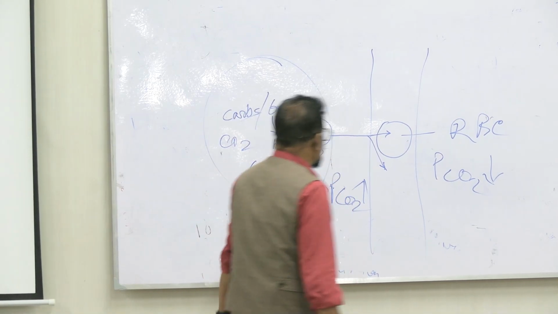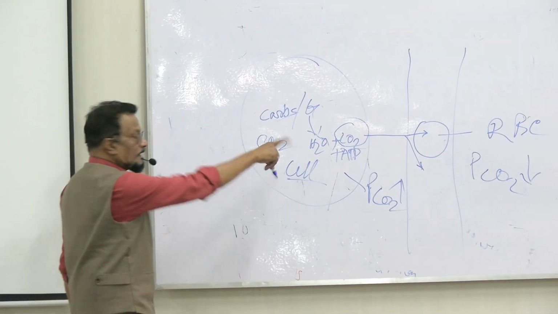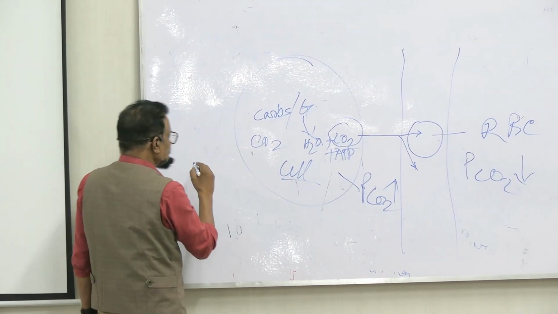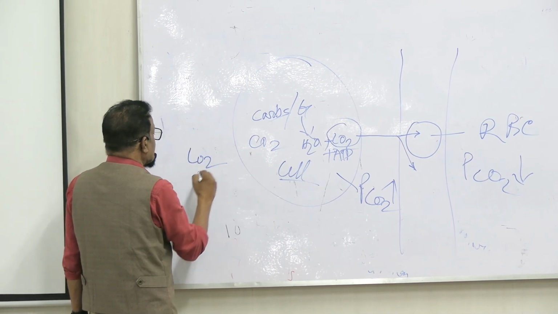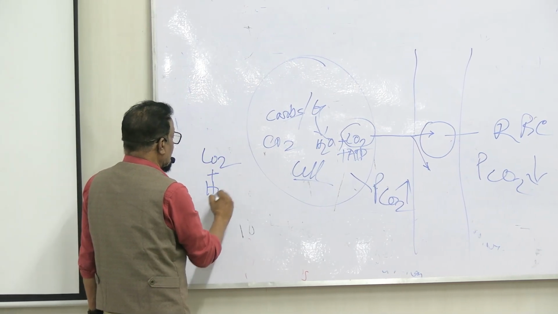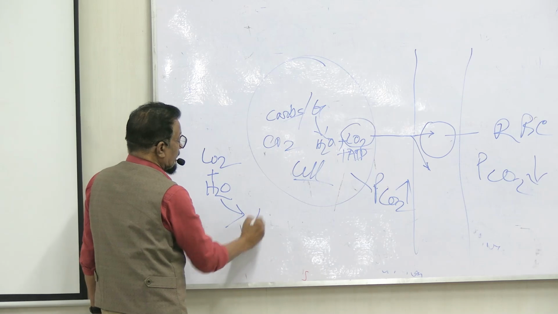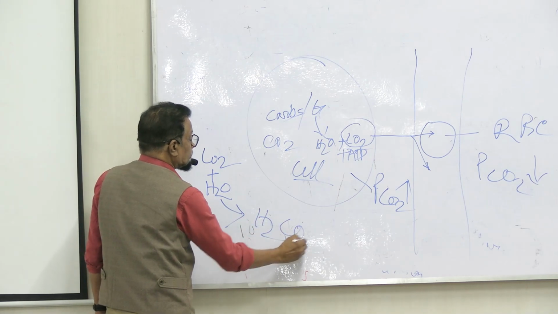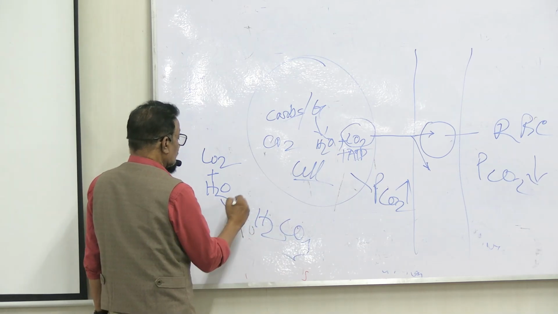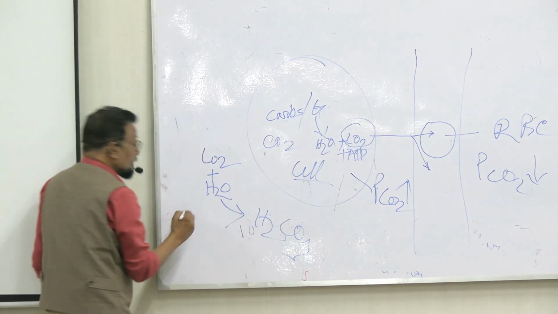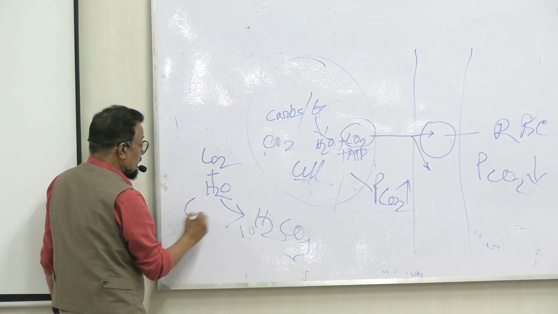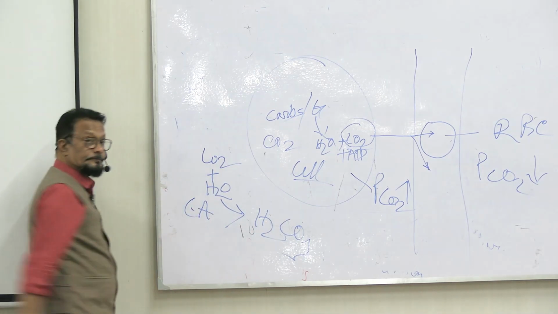Here what happens? In RBC what happens? Carbon dioxide combines with water and it forms H2CO3. There is an enzyme in the RBC called carbonic anhydrase.